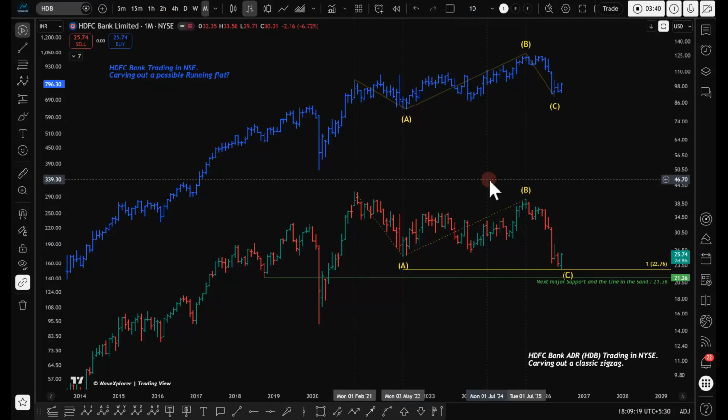The institutional cycles are perfectly synchronized here. So the only reason the ADR chart looks much weaker and deeper is the multi-year depreciation of the Indian rupee against the US dollar. So the currency conversion acts like a gravity well, pulling the US chart down.